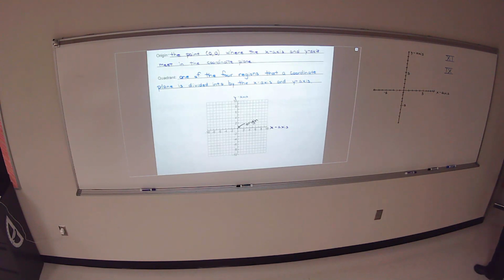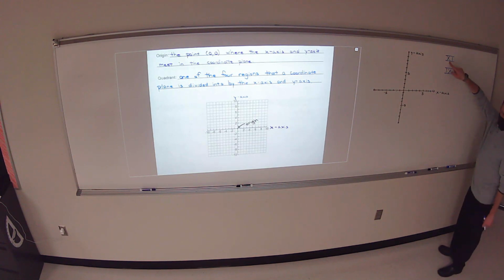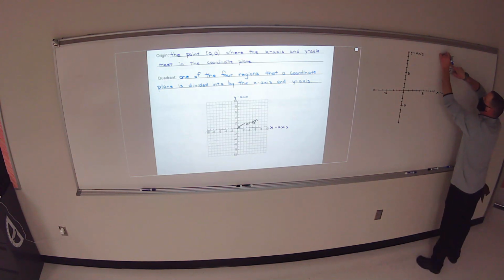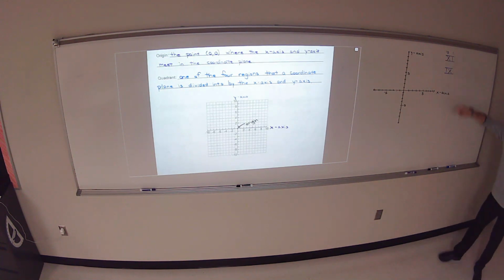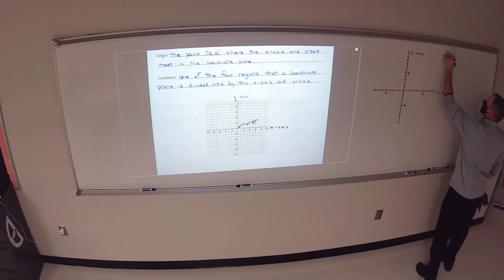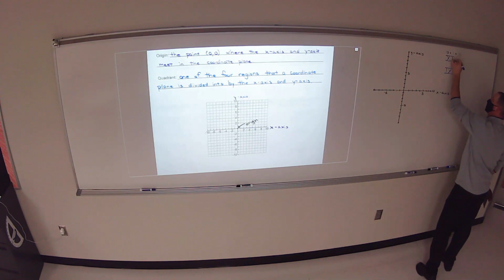Who told me what X stood for? 10. This stands for 1. So here's the way a Roman numeral works. When the bigger number is first, followed by a smaller number, you're going to take these two and add them together, and this is the 11.